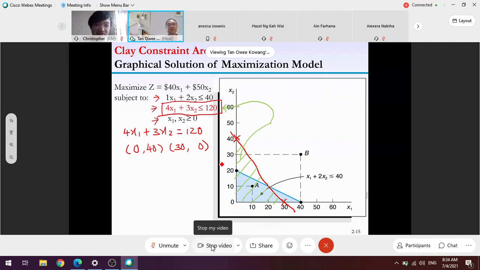Next, I want to find the commonly shared feasible area by these 3 constraints. Where is the area? The area is here.